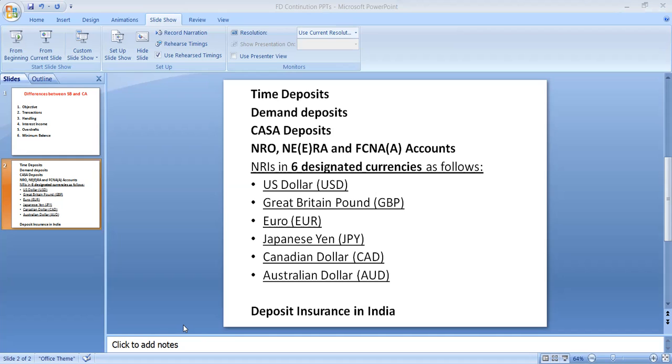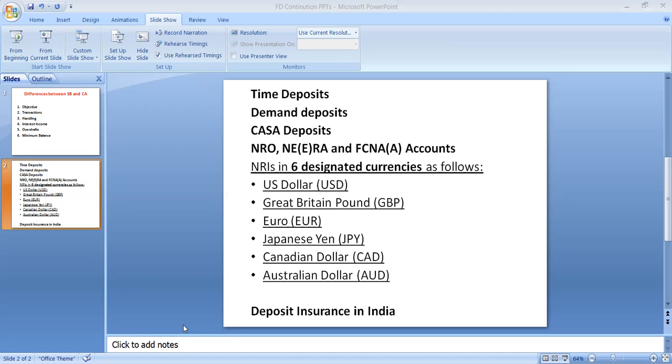Well, on the basis of their nature, my dear students, please make a note here. On the basis of their nature, the time deposit may be of 3 types. What are those 3 types, classification of deposit on the basis of their nature? So again, the time deposits are classified in 3 categories on the basis of their nature.